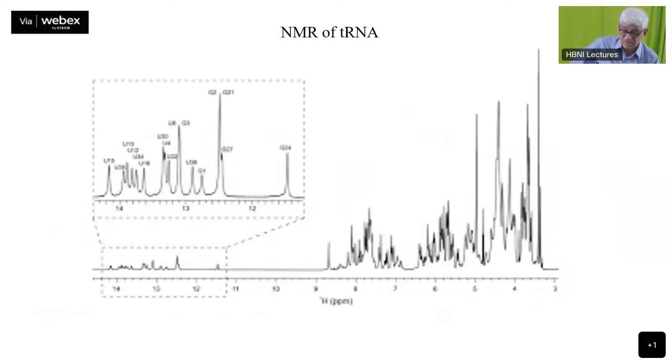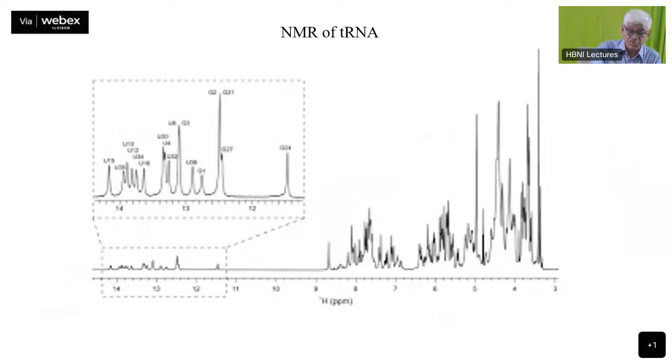Now we come to the NMR of tRNA. The tRNA is a large molecule. It has the non-exchangeable protons in this area, and the exchangeable imino protons in this area. This is recorded at a very low temperature and low pH conditions, though I don't remember the exact conditions here.